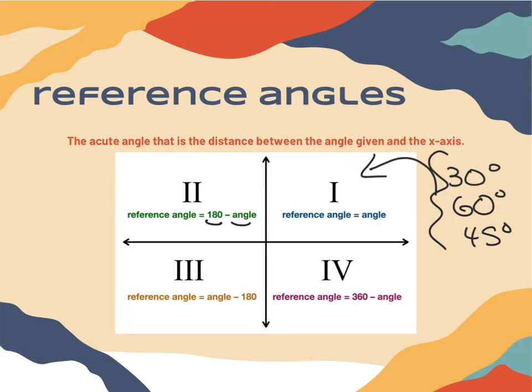Something in quadrant 3 will be the angle, what we're going to do here is it's going to be 180 plus the reference angle, because what we're doing here is solving this equation. And then over here, we would do 360 minus the reference angle, and that would give us the angle. So we're actually remanipulating this equation.